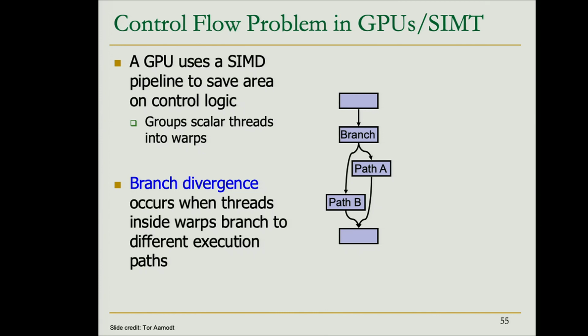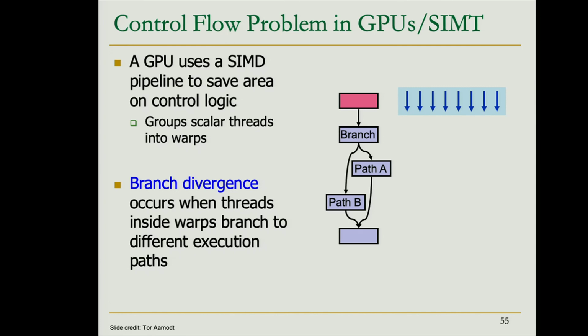And why is that a problem? It's a problem because the 32 threads of the warp are issued at the same time. The warp scheduler fetches one instruction from the instruction cache, and then launches the 32 threads on the 8 SIMD lanes or 32 SIMD lanes or whatever number we have.